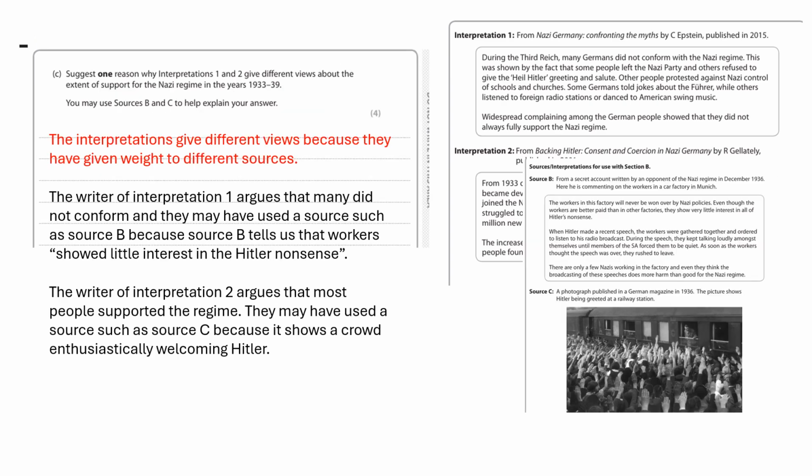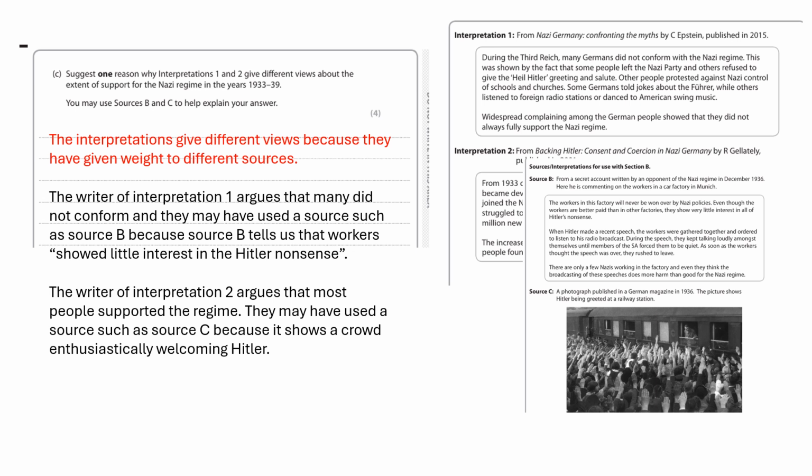So question 3c asks you why interpretations are different. And this is really logical because an interpretation is a historian's opinion about either an event or a time period. And historians form their opinions by looking at primary sources, by looking at sources from the time.